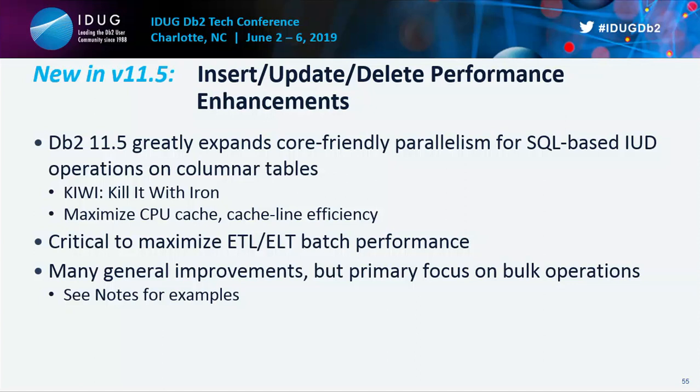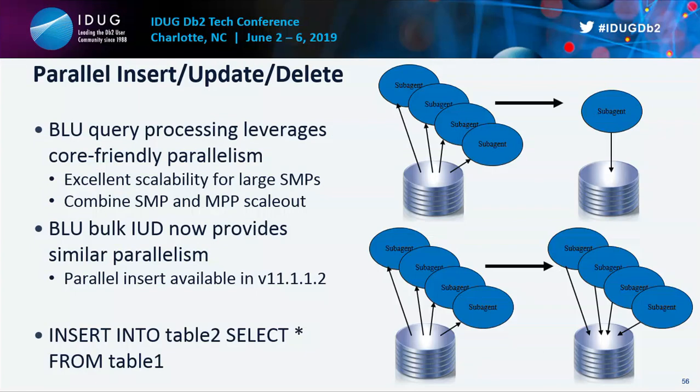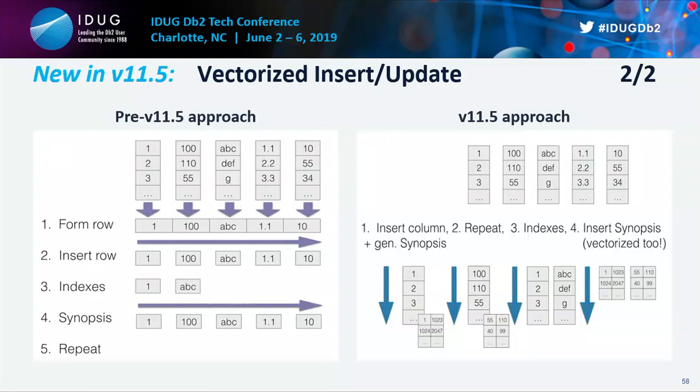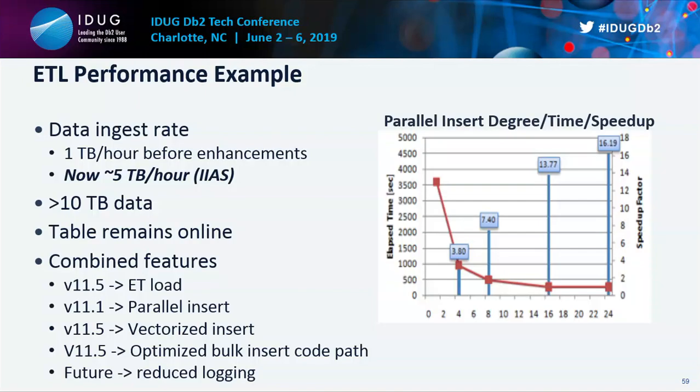When paired with the faster insert, update, delete performance, with parallel insert and update, and with the vectorized insert, update, delete that we went through in the previous slides, plus this one, which is future, this can actually outperform the load utility, and it's online. So I will say this is the future for loads going forward.